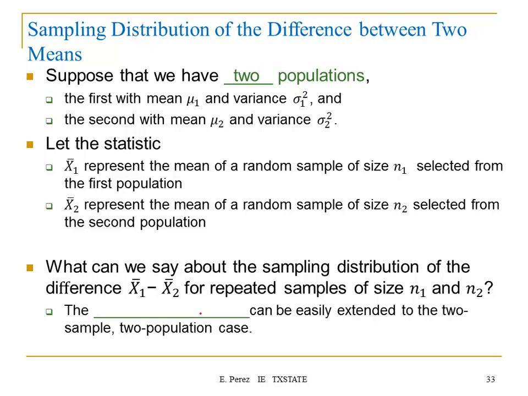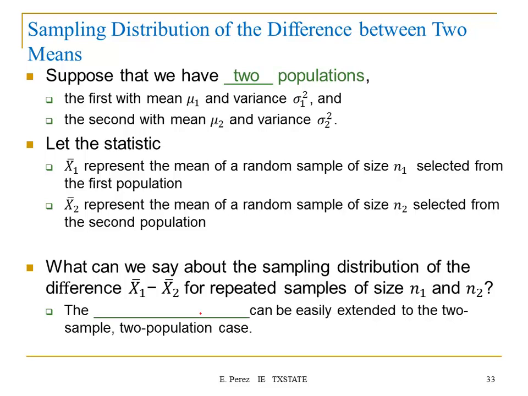We get a sample from the second population and we get a different x bar, and we call that x bar 2. What can we say about the sampling distribution of the difference of the 2 sample means for repeated samples of n1 and n2?